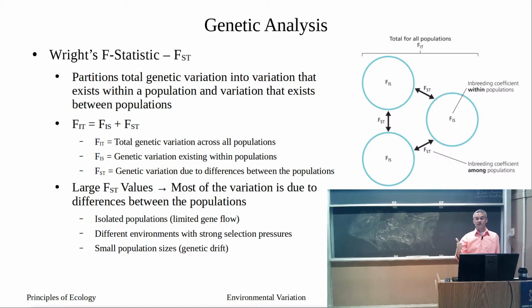Number one, isolated populations. We have these populations, each of them going down their own evolutionary path. And because we don't have gene flow, they can continue going down their path. They can continue becoming more different than all of the other ones.